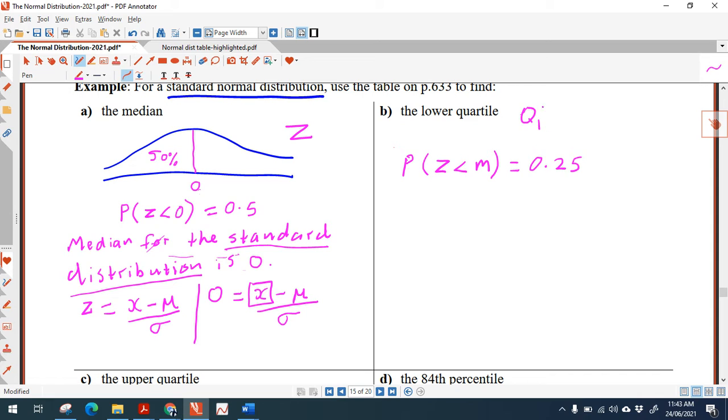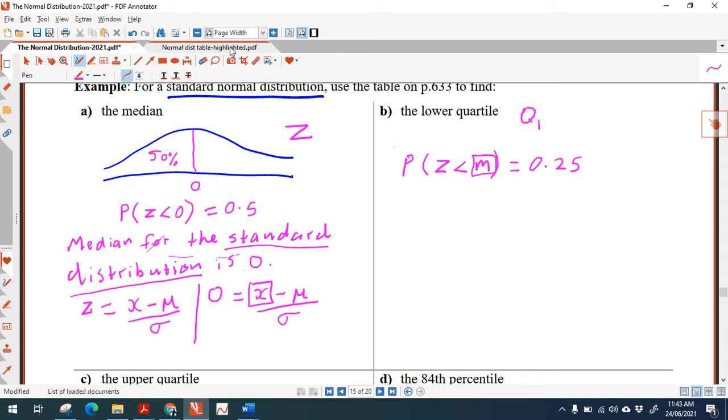So 25% of the data lies below Q1, so that's where the 0.25 comes from. We want to know what number in the z distribution table corresponds to this, so we're trying to find this number from the table.